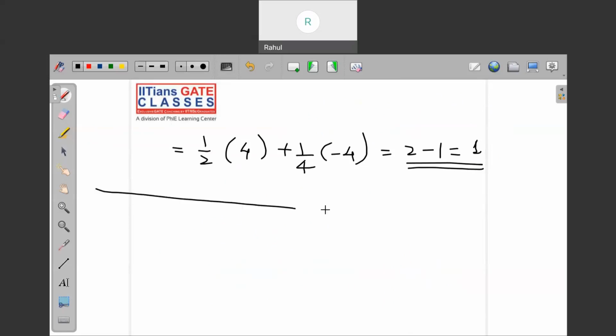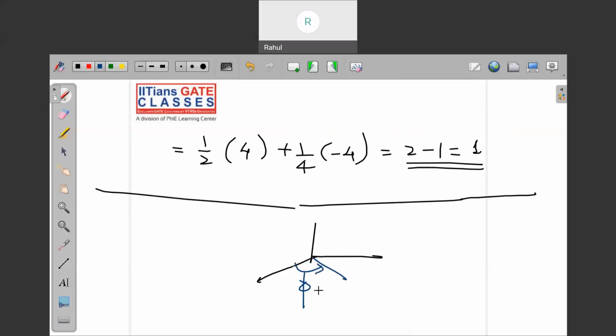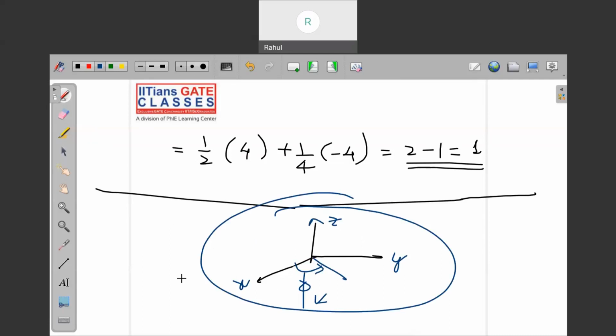Remember that phi will be measured from the x-axis always, if we recall the cylindrical coordinate system. This is the x-axis, this is y, this is z. If you know this, you can solve any kind of question.